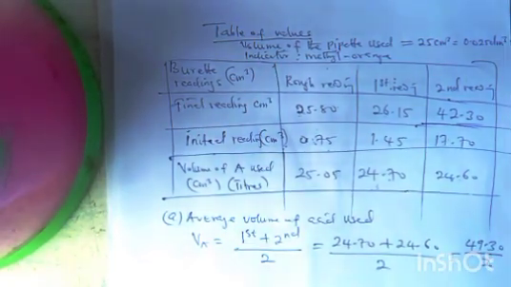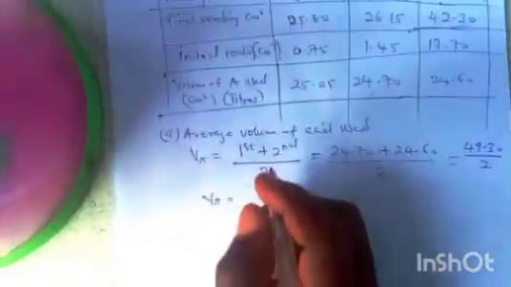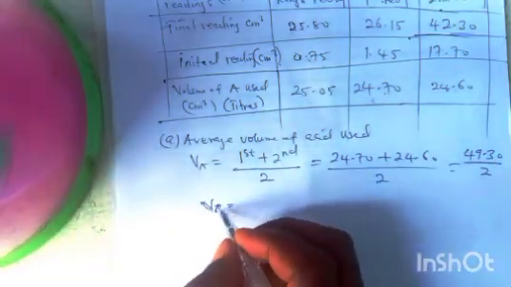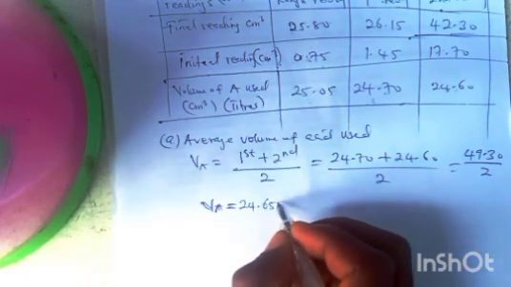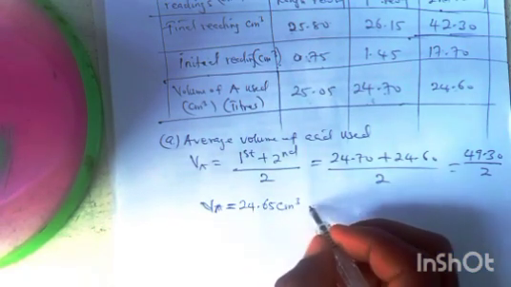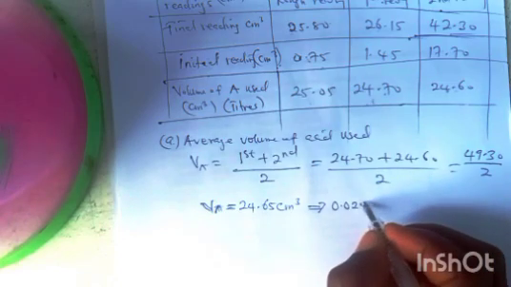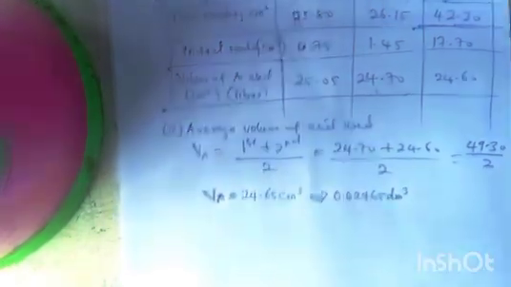Divide this 49.30 by 2, and it's going to give us VA, which is equal to 24.65 centimeter cube, which is the same thing as 0.02465 dm cube. So this is the volume of acid.